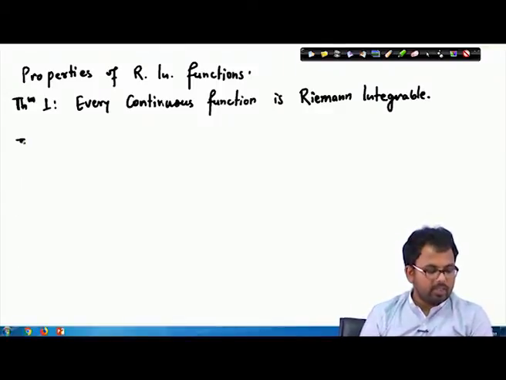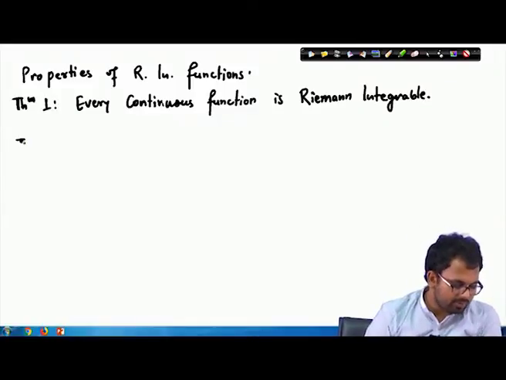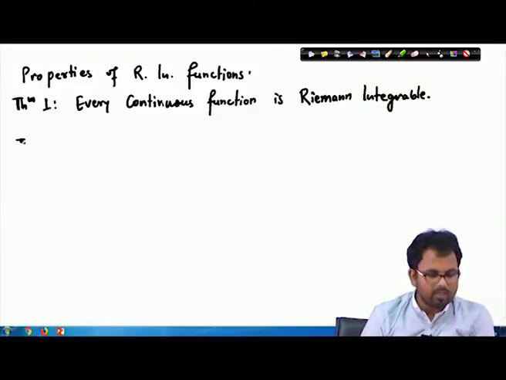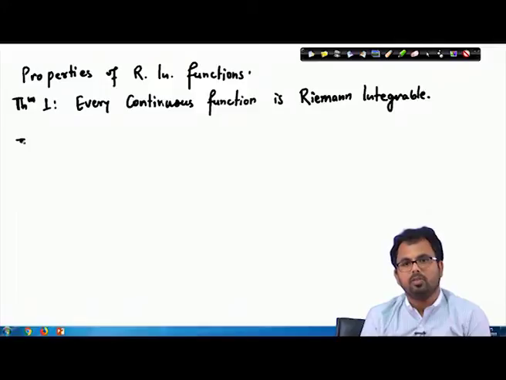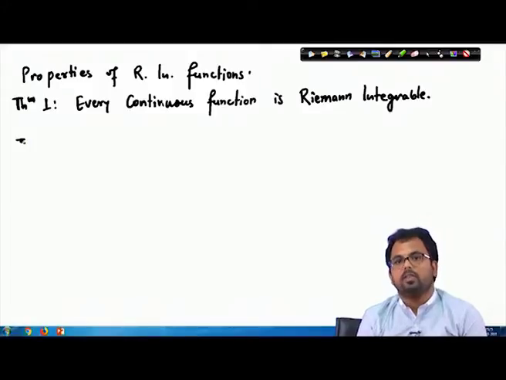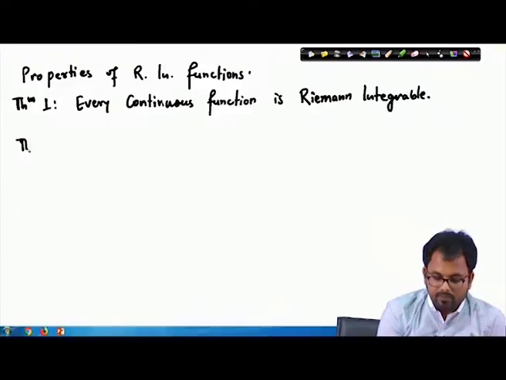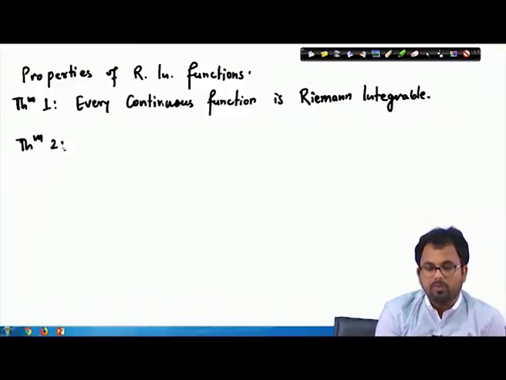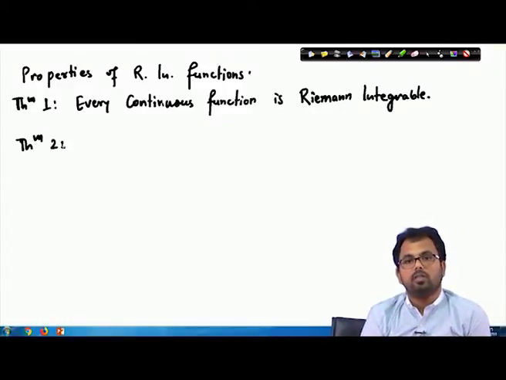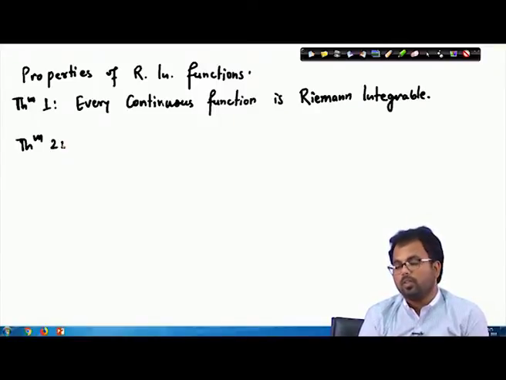The proof is not long, but you can look into any books. Here I'm just listing some of the important properties of Riemann integrable functions. For the proofs, I would recommend the references which I have shown you in the first class, where you can find the proofs of these theorems.